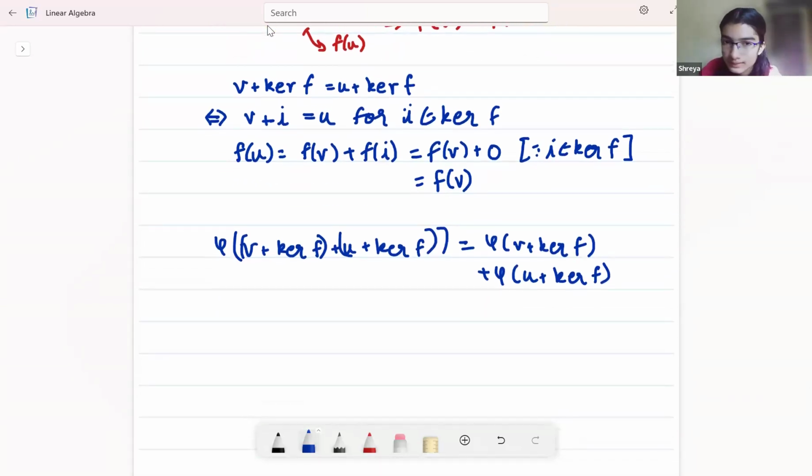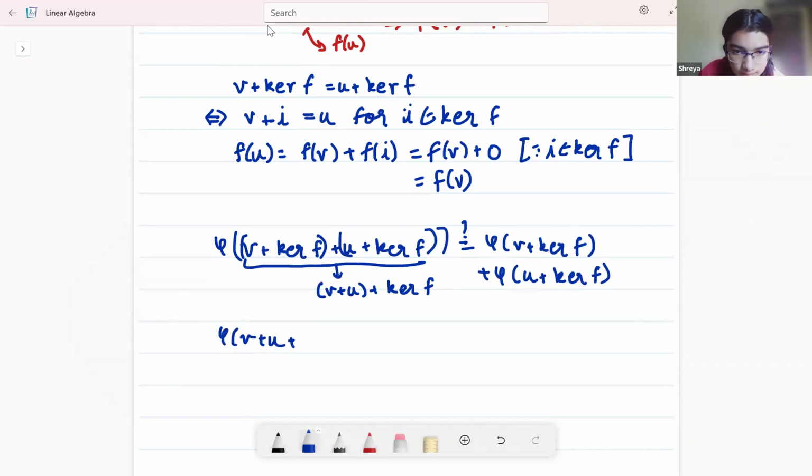By definition, the sum is v plus u plus kernel of f.